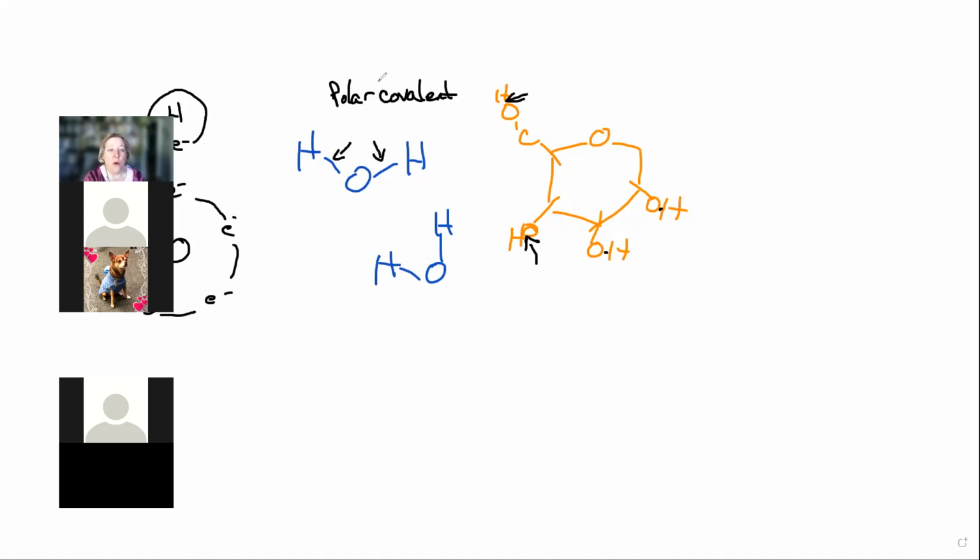So for a covalent bond, okay, these electrons are being shared, okay. But because oxygen is a whole lot bigger than hydrogen, okay, the electrons tend to spend longer around the oxygen than the hydrogen. They're still sharing those electrons, okay? So they're still sharing. It's just unequal.